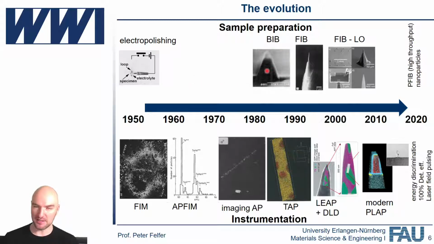And after the sample preparation session, you should have understood the physics behind why that is. But you can essentially make sharp tips using just a broad ion beam, just using ion physics. This means you can work on things that are not electrically conductive, and maybe also on coatings and things like that.